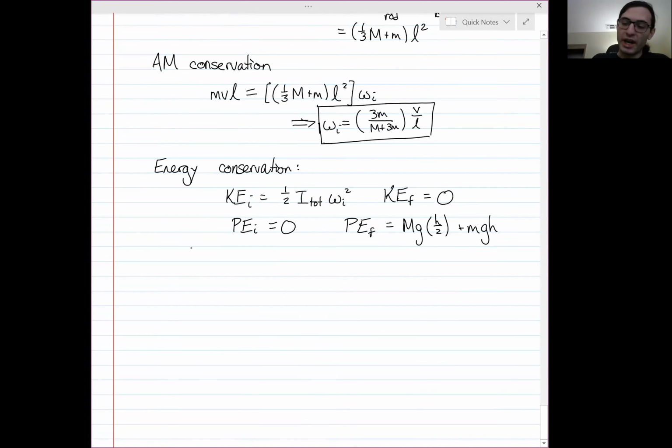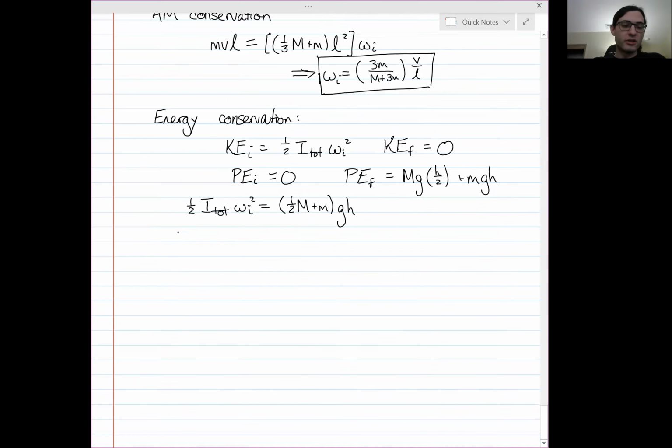So now we can use our energy conservation that we typically like to use. We get that 1/2 I total omega initial squared equals (1/2 M plus little m) g h. And now I'm just going to substitute in omega initial and I total. So that is 1/2 times (1/3 M plus little m) L squared times (3m over M plus 3 little m) squared v over L squared equals (1/2 M plus m) g h.